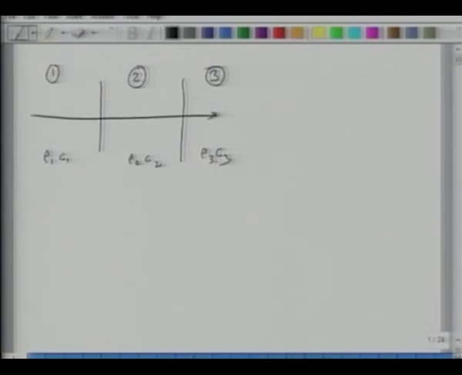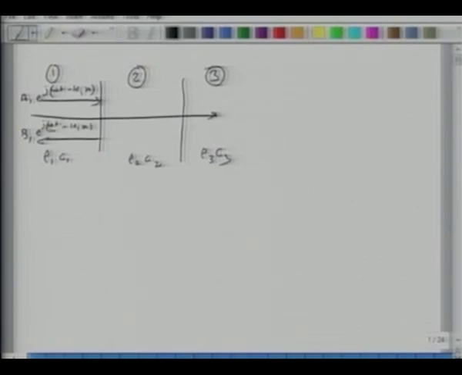Now we know that as sound moves from one medium to the other, there is some reflection, right? So let's say the incident wave is A1 e^(j(omega t minus k1x)), and when it hits the first boundary it gets reflected, and the reflection is B1 e^(j(omega t plus k1x)).